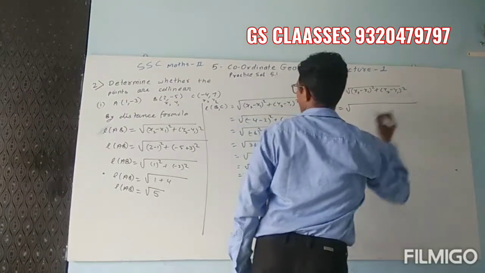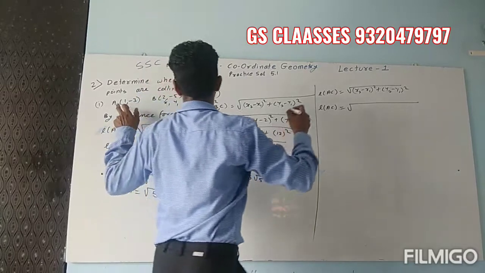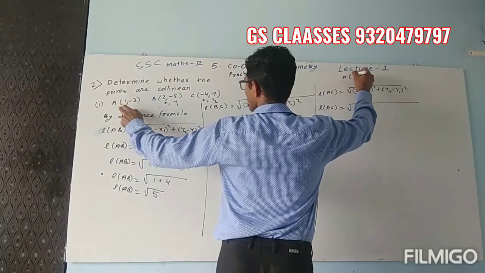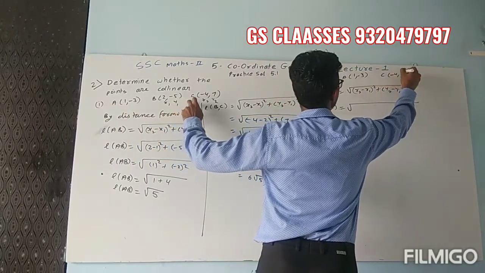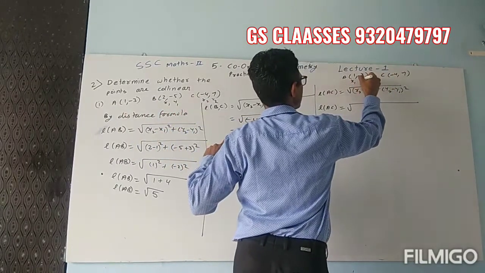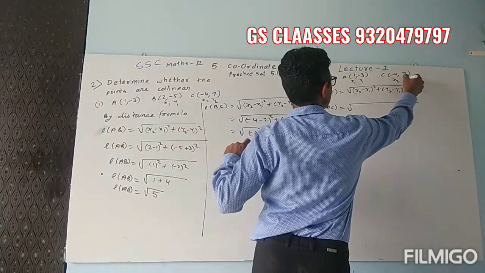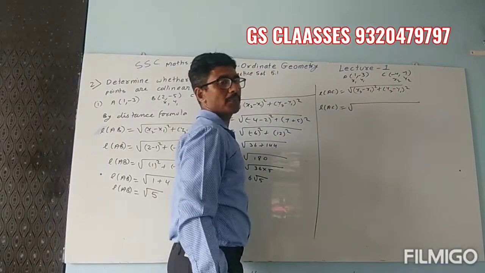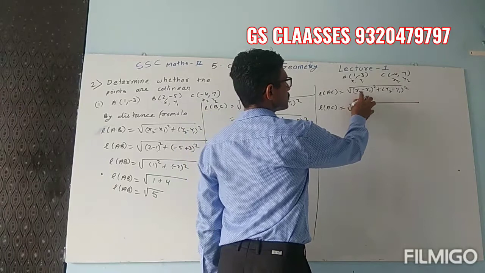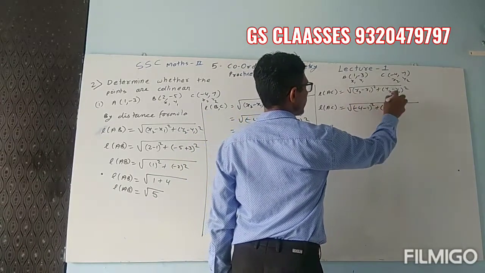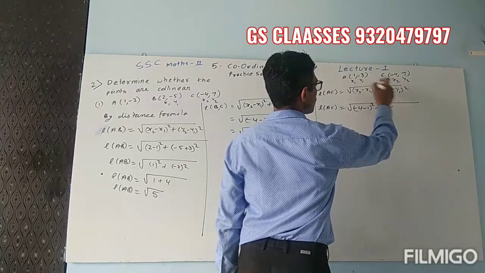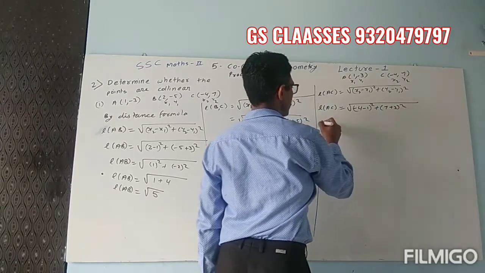Length AC will be, while calculating, you write here what is the value of A, 1 and minus 3, what is the value of C, minus 4 and 7. Here you can write x1, y1, here you can say this is x2, y2. Now put the value of x2 minus 4, x1 minus 1, the whole square, y2 minus y1, the whole square.